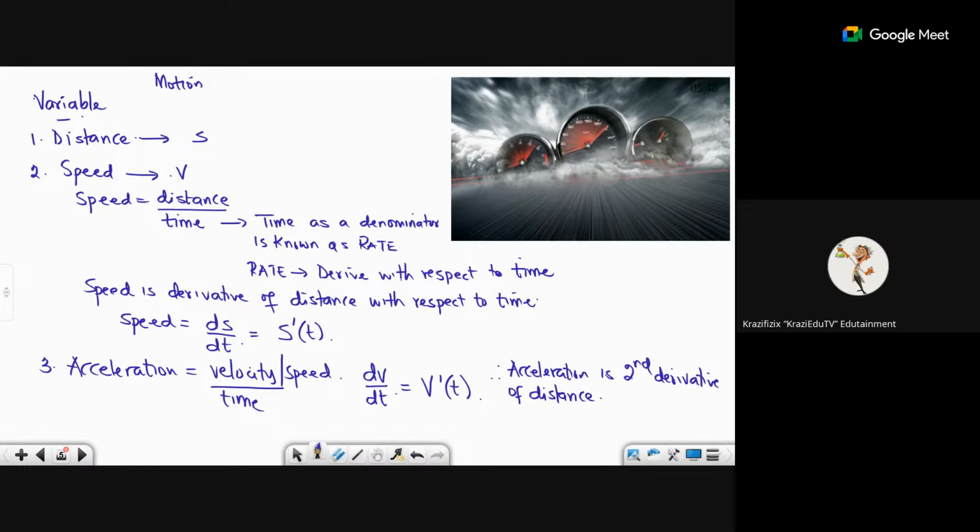Because the first derivative gives me velocity, and if I derive velocity again, I'll have acceleration. So acceleration is a second derivative. That is actually the point of inflection, the point of maximum speed.